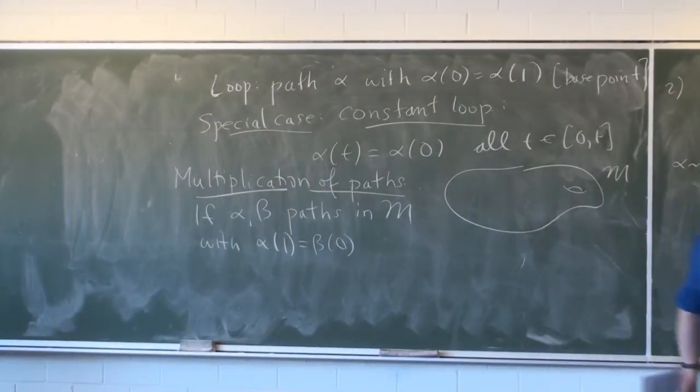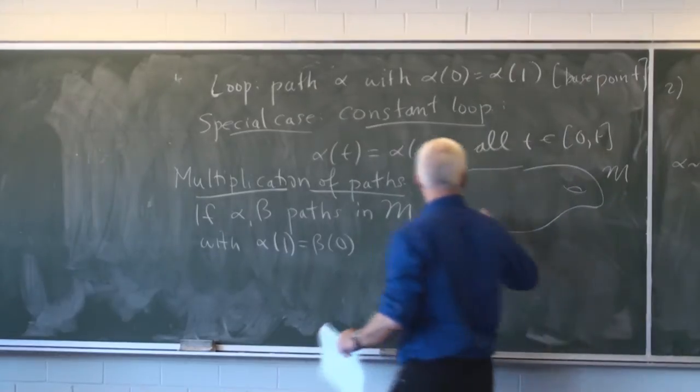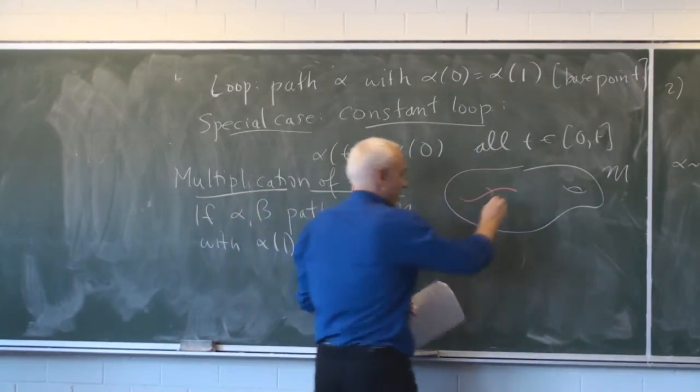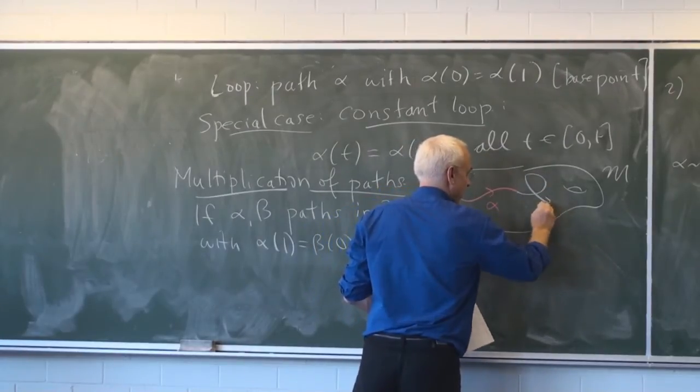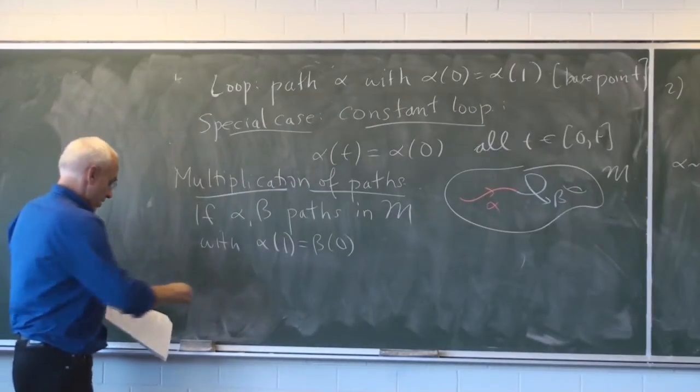So there's our path alpha, and then there's our path beta. Then we're going to define a new path.